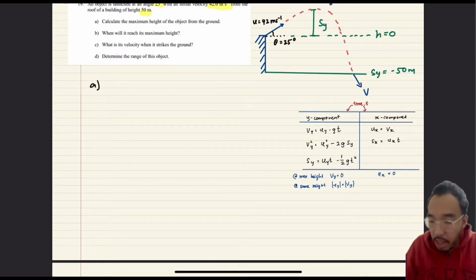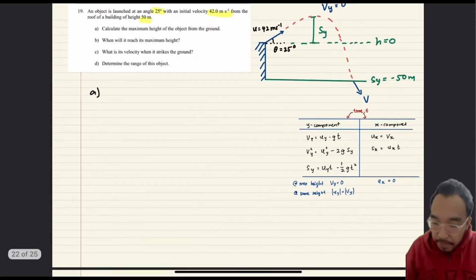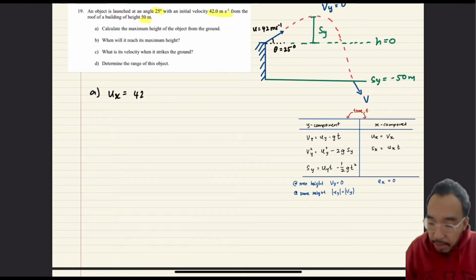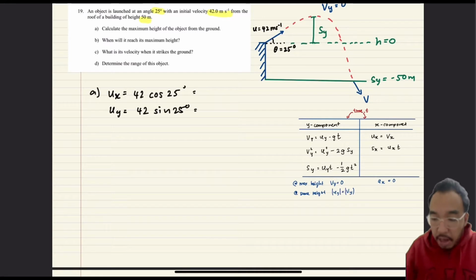Okay, like I always told you, first thing first, find ux and uy. So ux equals to u cos theta here because the theta is in the x component there. So I'm gonna do it straight away. If you're not sure why is cos or why is sine, go back to previous video. Okay, so one is pointing to the right, another one is pointing outwards.